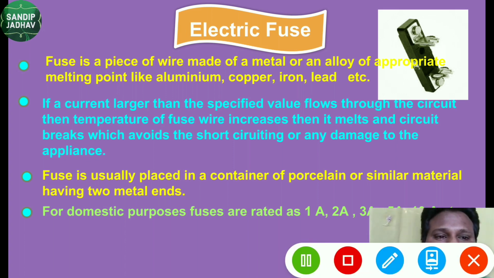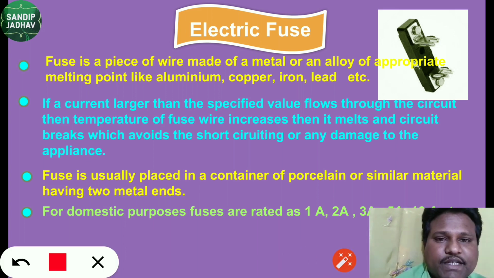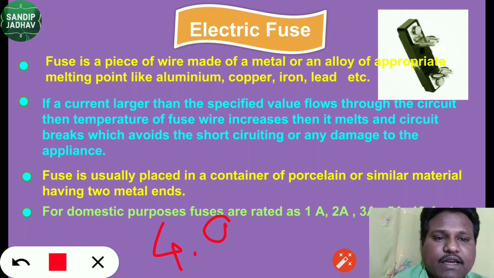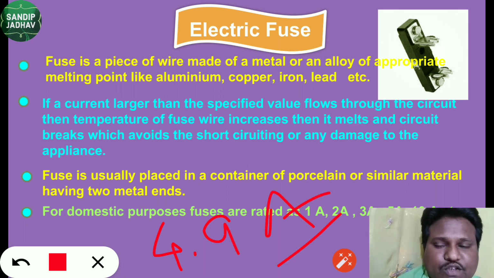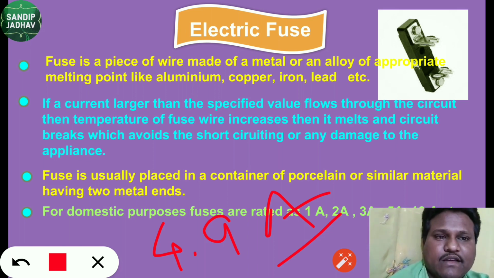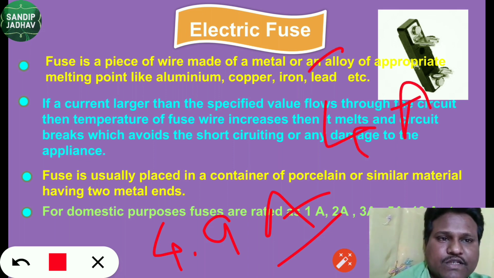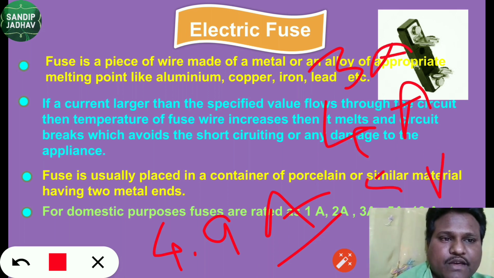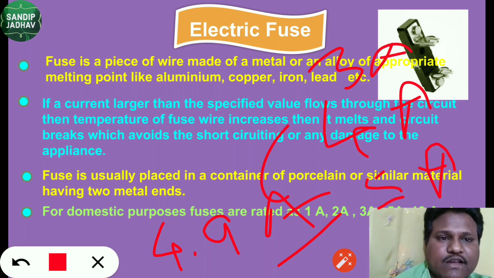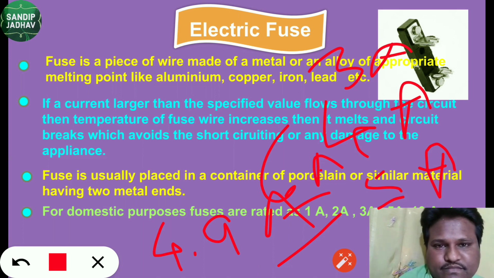Let's say an electric appliance is operated such that the current flowing through it is 4.9 ampere. Which fuse will you use? I will give you 4 options: a 4 ampere fuse, a 3 ampere fuse, a 5 ampere fuse, and the last option is a 6 ampere fuse. So you can say the answer.